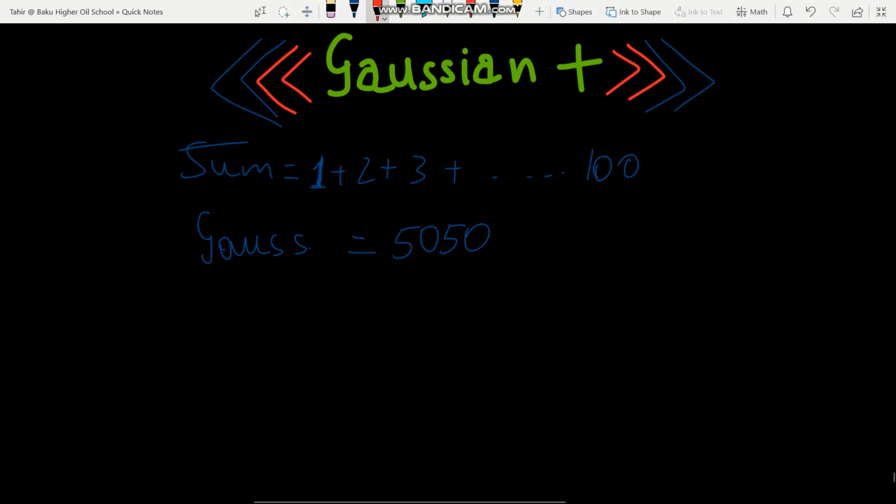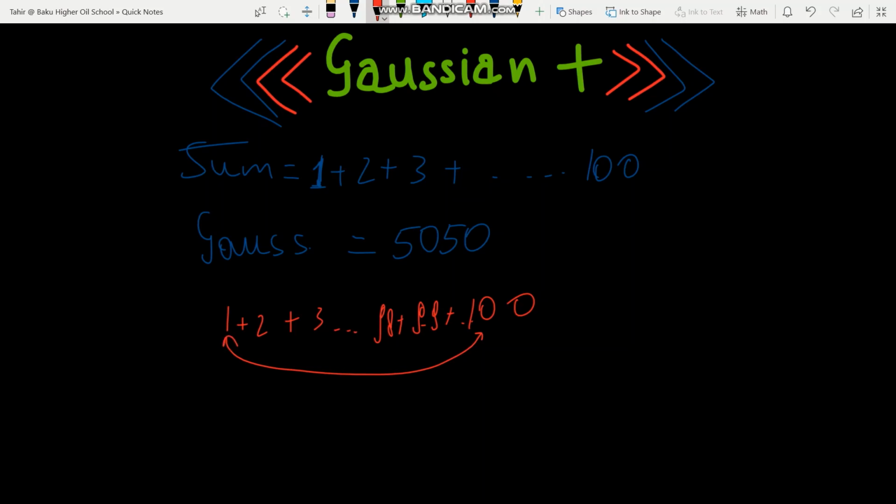It was very surprising that Gauss was at a young age at that time, and he just told that 1 plus 2 plus, let's write again here, 99, 98, etc. He told that when we sum the numbers 1 plus 100, 2 plus 99, and it goes this way, and at the end 50, 51, the sum of each will be equal to 101.